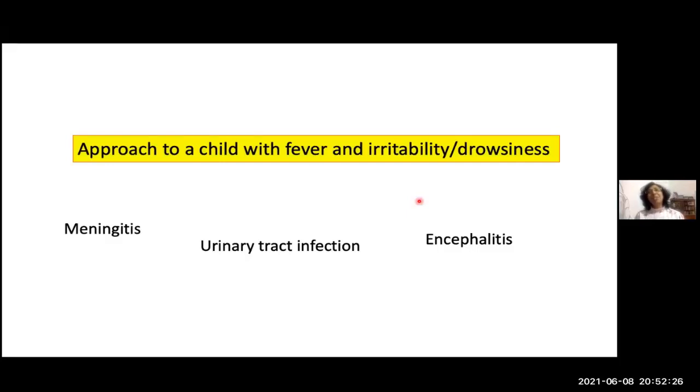The child will be irritable. So we have to discover that it is due to a urinary tract infection, right? Similarly, with conditions like acute otitis media, a child can be irritable, but in between fever, child is generally well.